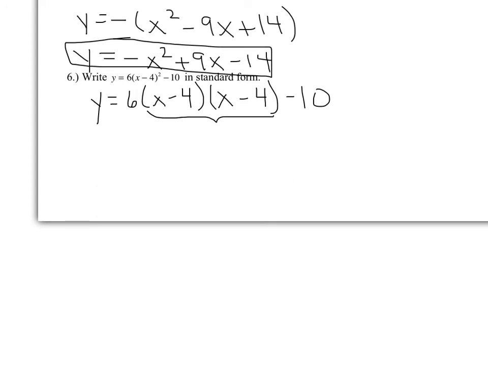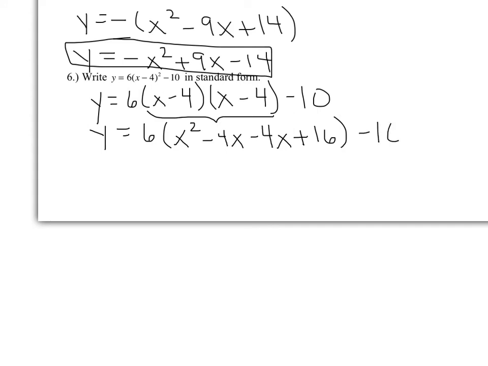So the first thing to kind of ward against that is to write out that binomial times itself, because that's what x minus 4 quantity squared looks like. So now, since I have it set up that way, I'm going to go ahead and FOIL those binomials. So x times x are my first terms. And then my outer terms are x times negative 4. And my inner terms are negative 4 times x. And then my last terms are negative 4 times negative 4, which is positive 16.